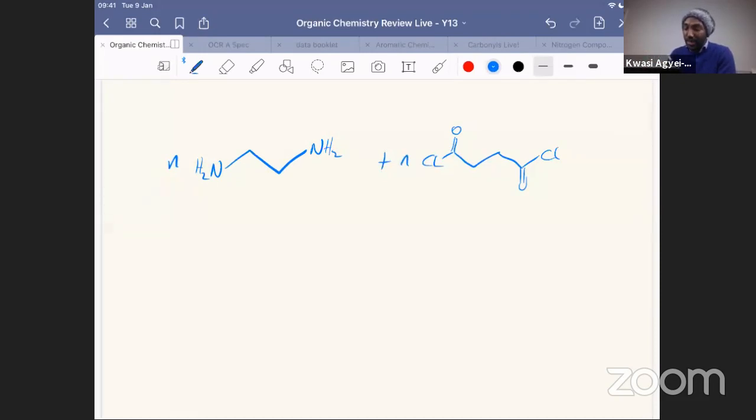And of course, the repeating unit would be as shown, where you form an amide, and we've got 2 carbons between the diacyl fluoride groups. Okay, so that would be the repeat unit for this particular polymer.